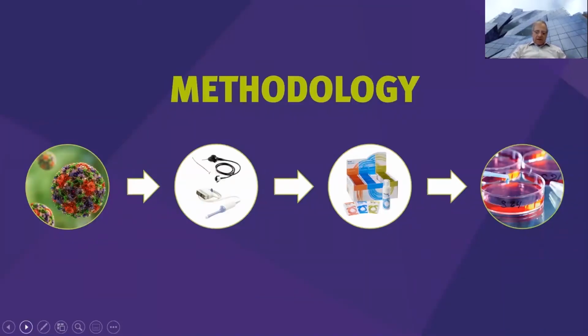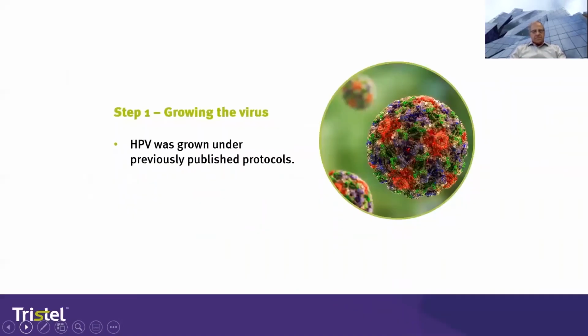So this slide just gives you a brief step of the methodology, which we'll go through one at a time. Basically, it shows growth of the virus, contamination of the device, disinfecting the device, and then analyzing the efficacy of the disinfection. So the virus used in this study was grown according to our previous published protocols, which are available in the scientific literature.